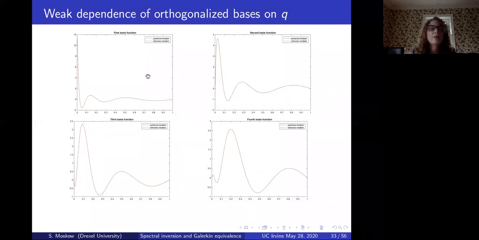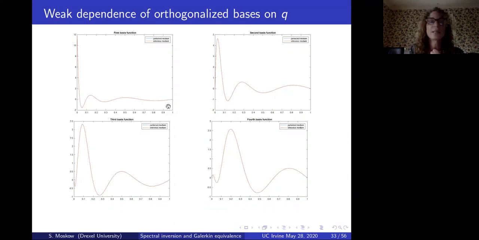So here's an example: first, second, third, fourth, fifth, and sixth basis functions. This is a case when M equals 6 in 1D, so we have M spectral points. The blue is the basis functions for the perturbed medium, and the red for the reference medium. You can see that they're on top of each other, so they're very, very close together.